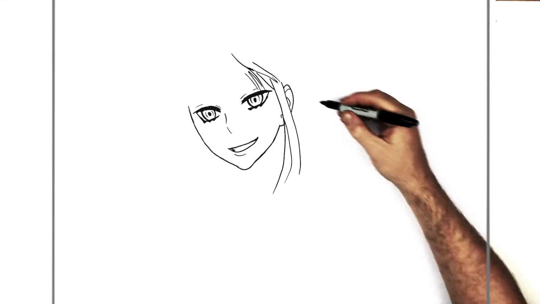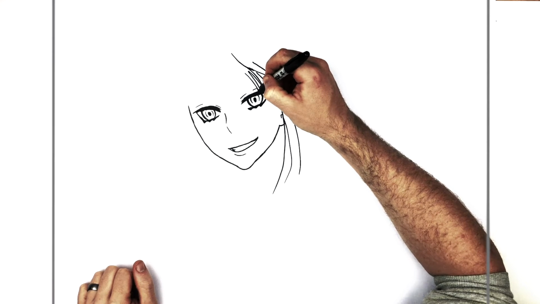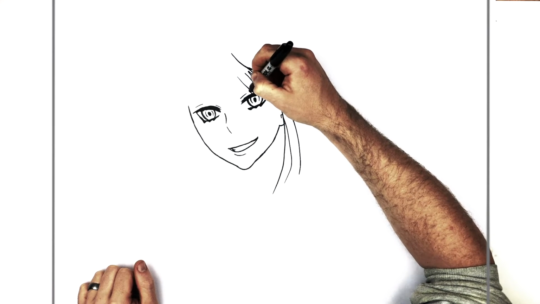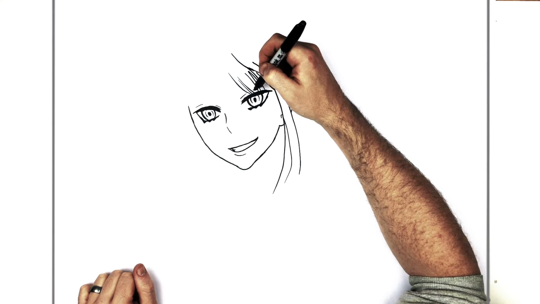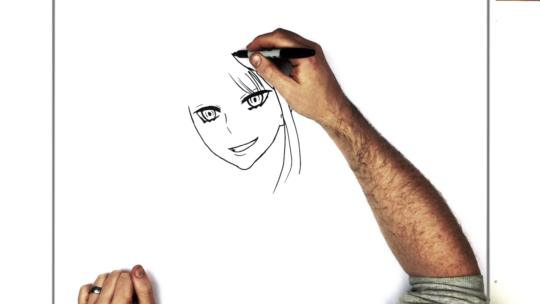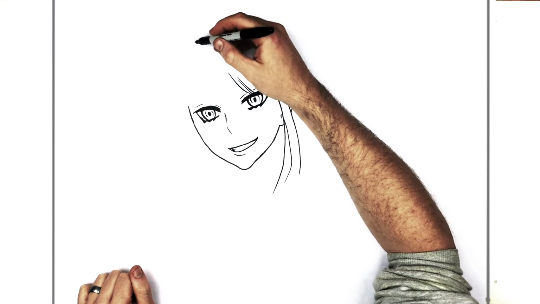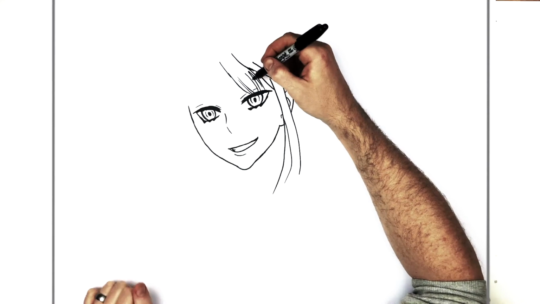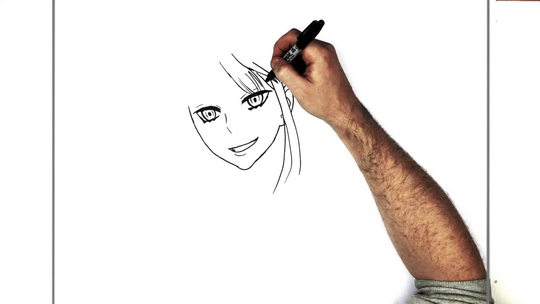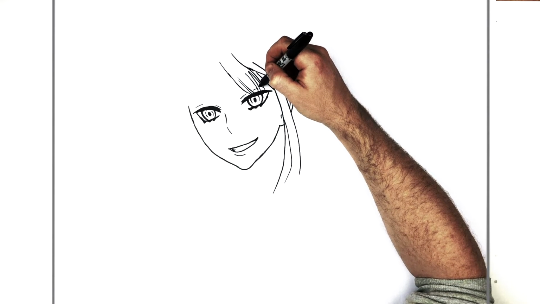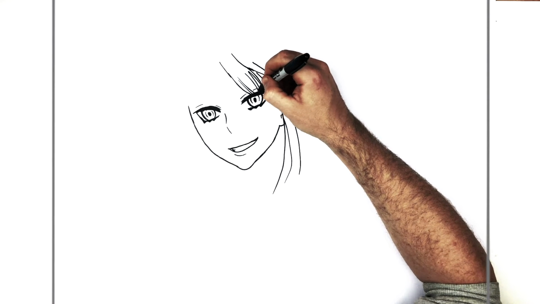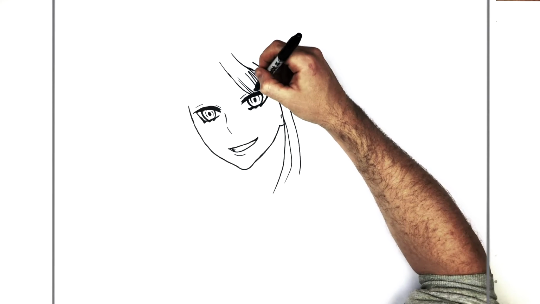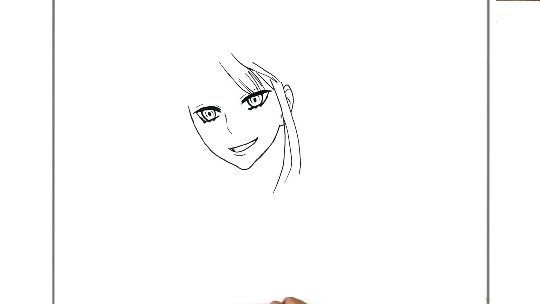So lots of these sort of lines. Okay, so this one's a little bit over her eye. There. It's over her eye, that's that side. And a bit here. Just going to rub out this eyelid line.